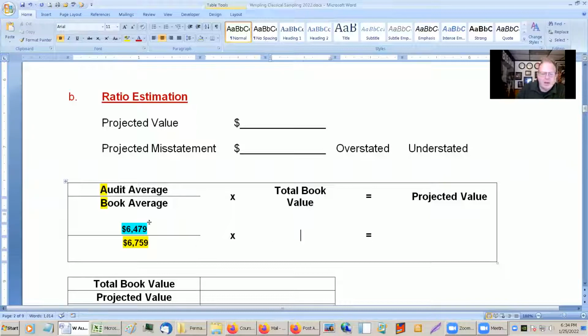So we're getting a ratio of what these are off by. This is the audit value divided by the book, multiplied by the total book, and that will tell us what the projected value really should be.